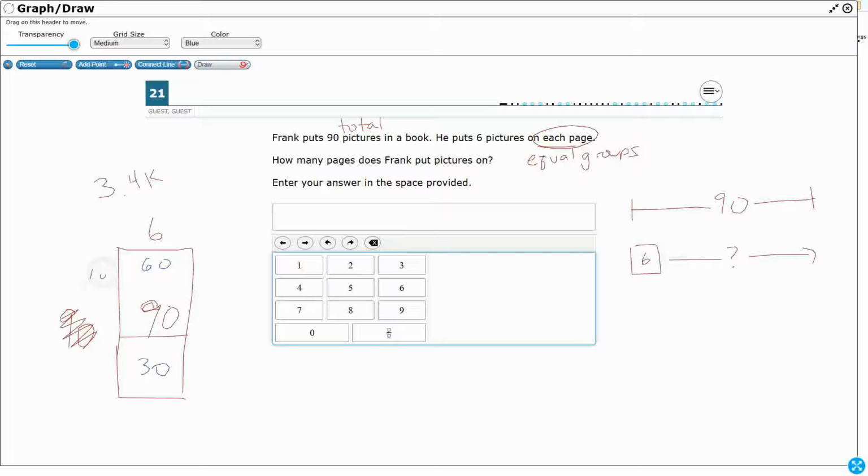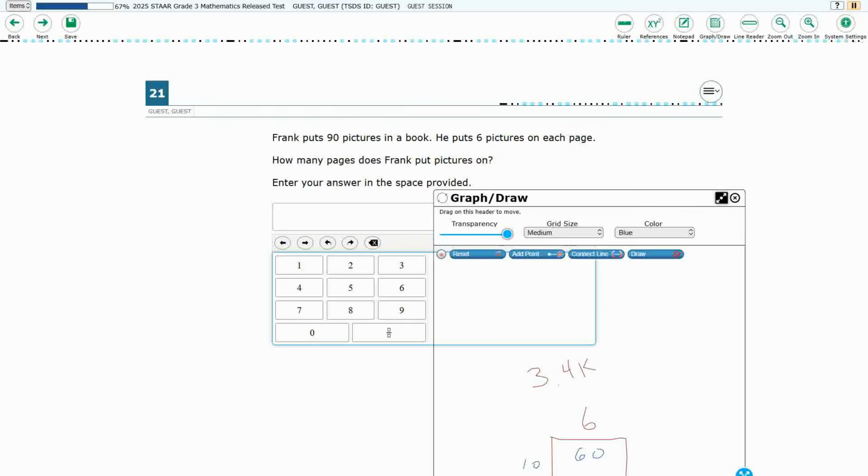Well, that's 10. 6 times what gets me 30? That's 5. So this side here is 10 and 5 altogether, which means it's going to be 15. That's one way to solve it. We can verify: 15 times 6. There's your 90. So our answer here is 15.